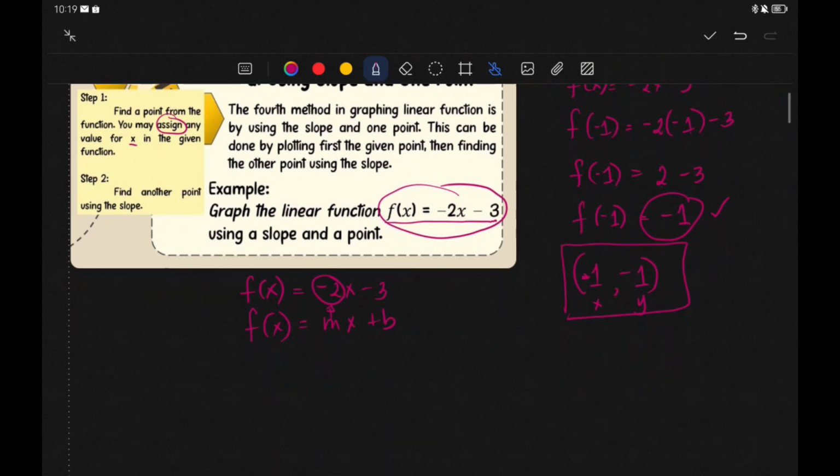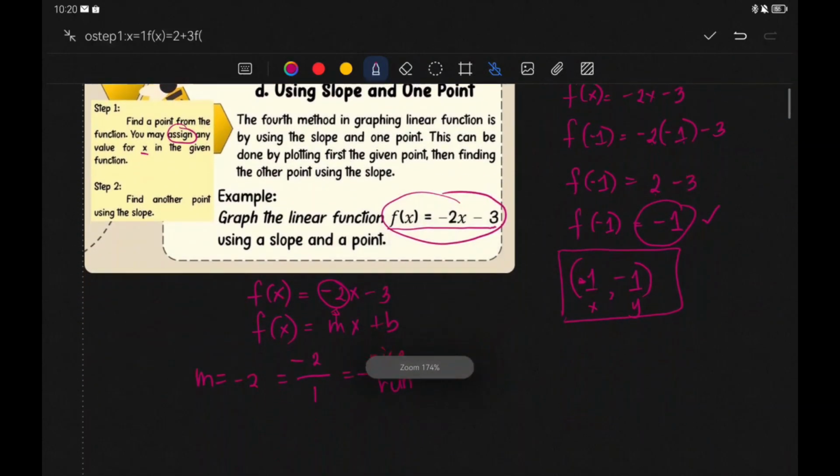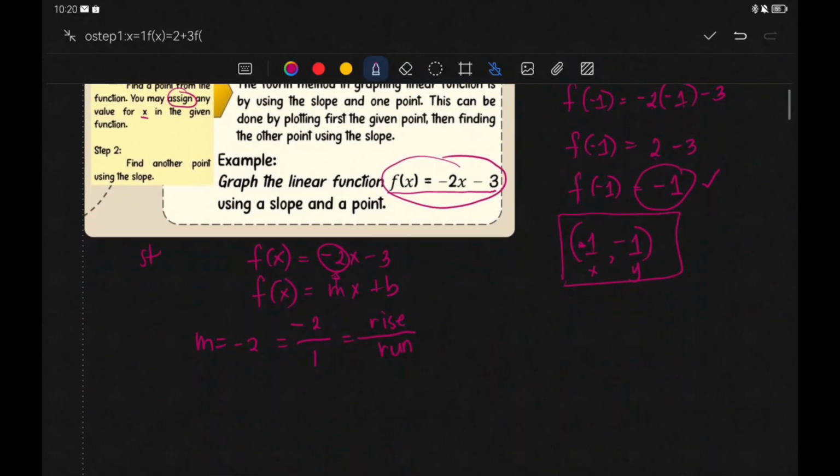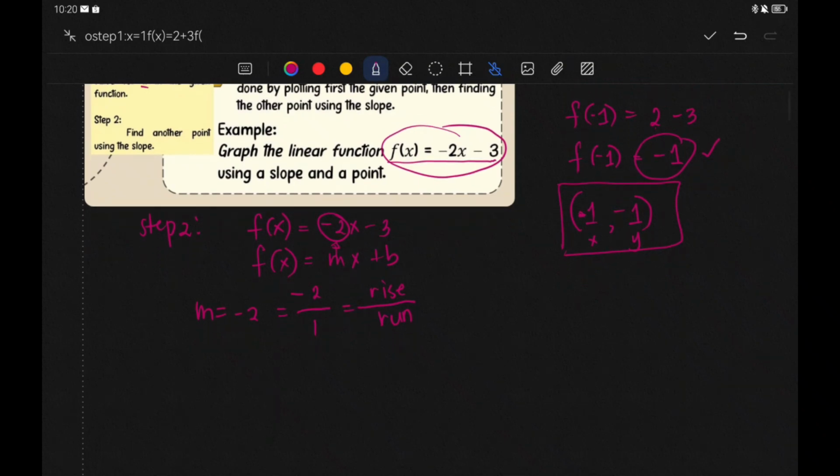So, since our slope is negative 2, that can be written as negative 2 over 1. Therefore, our rise is negative 2 and our run is positive 1. Now, let us plot, since we have step 1 and step 2. Step number 3, we are going to plot.